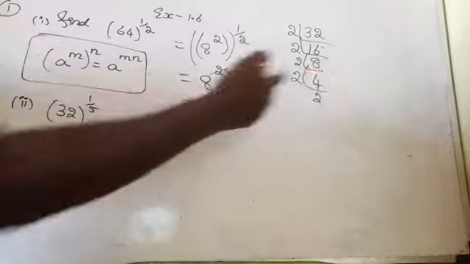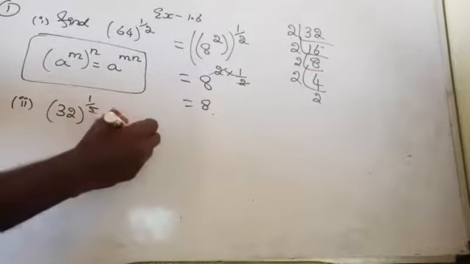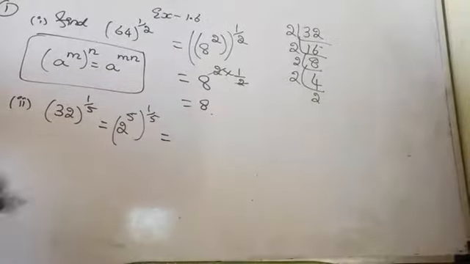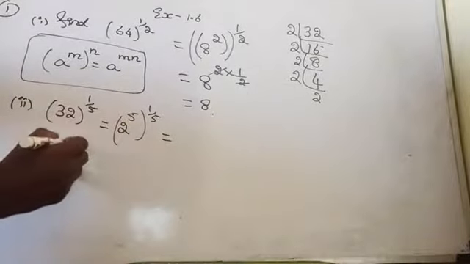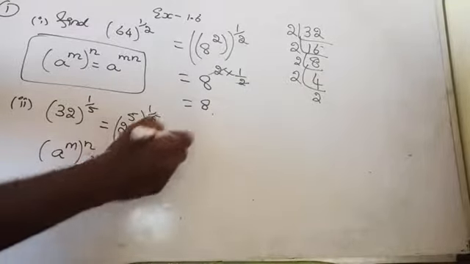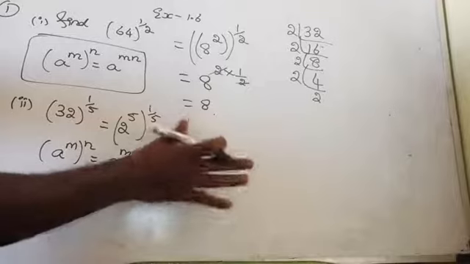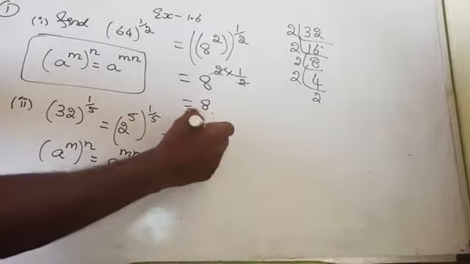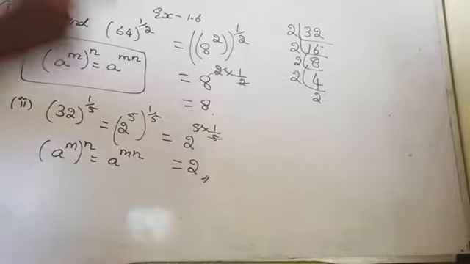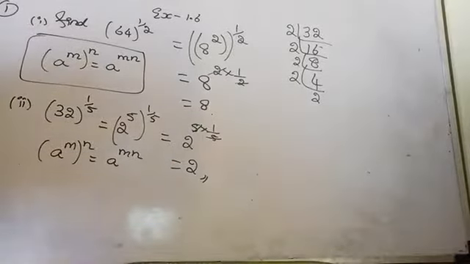So 32 can be written as 2 to the power 5, the whole power 1 by 5. Here it is in the form of a power m the whole power n, so you can write a to the power mn. So it's nothing but 2 to the power 5 into 1 by 5. 5 got cancelled, which is equal to 2. Am I right here? Yes.